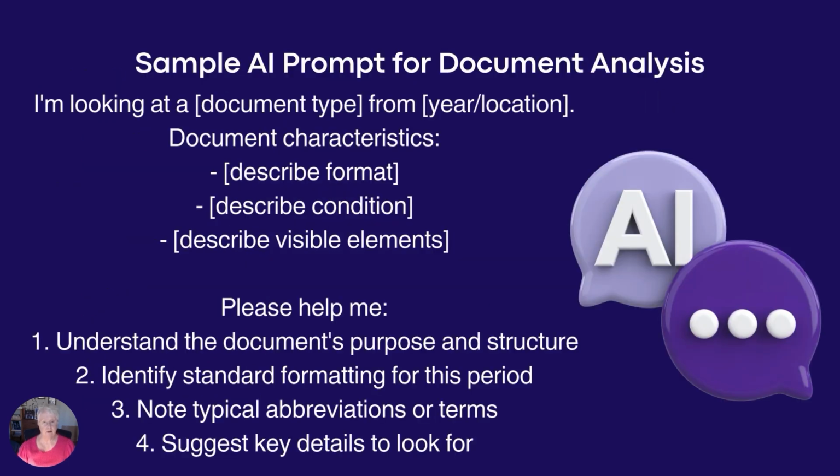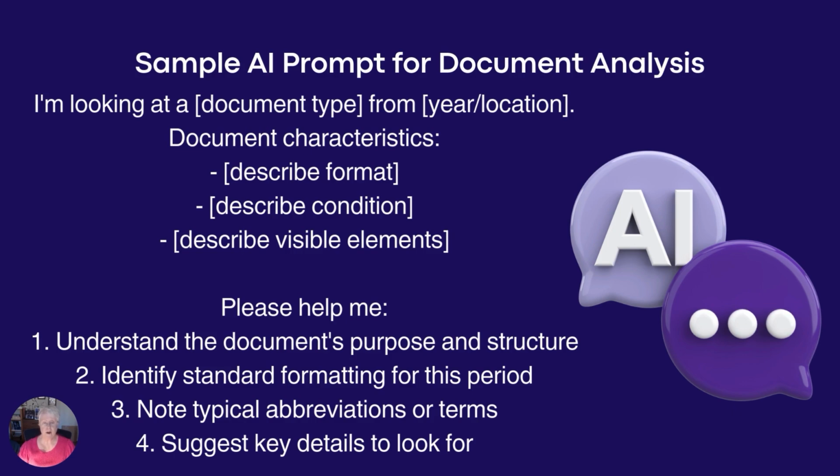You'll need to then prompt the tool for clear document analysis. And you can use simple terms like these, substituting your data for anything in the square brackets. For example, I'm looking at a [document type] from the [year] [location], and the document characteristics include this format, this condition, and these visible elements.